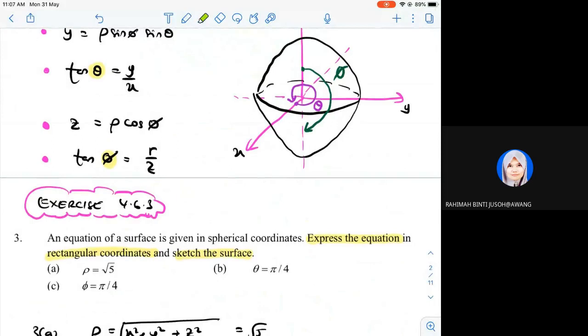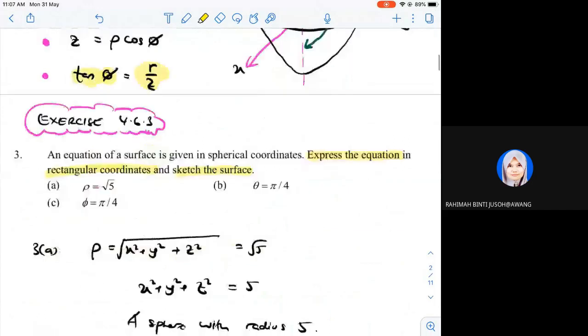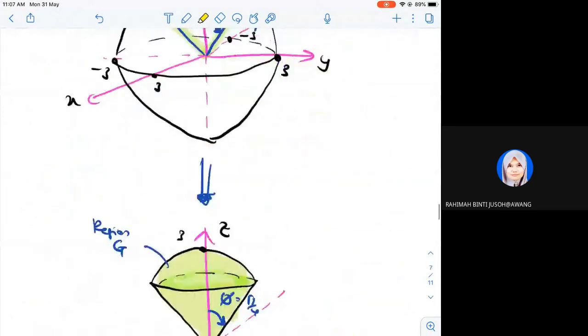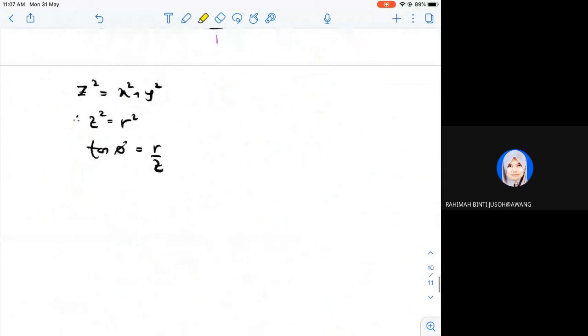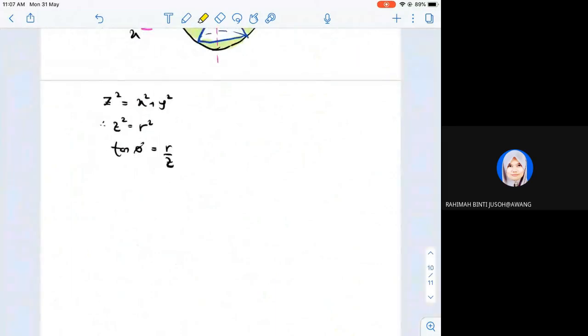Tangent phi equals r over z. Alright. So now from here we know that z is equivalent to r, right?